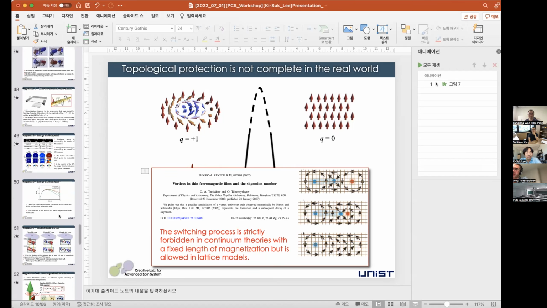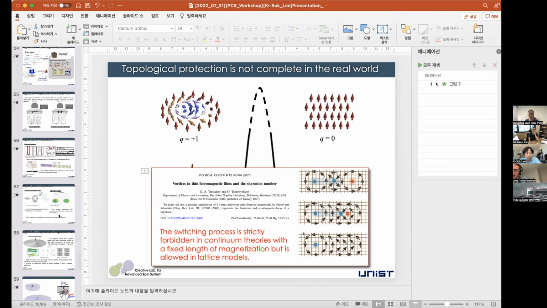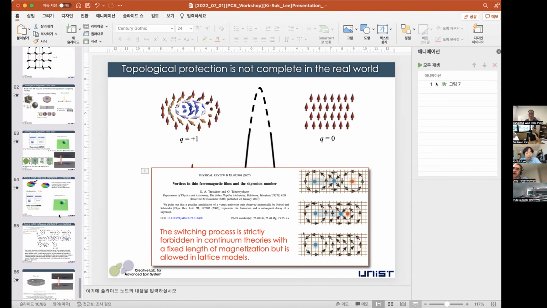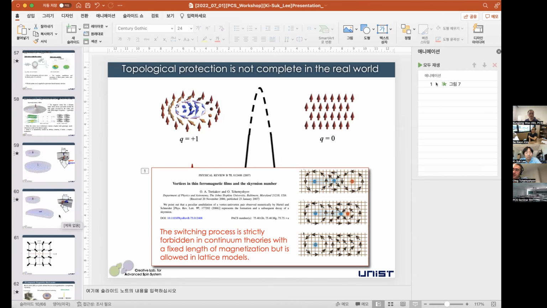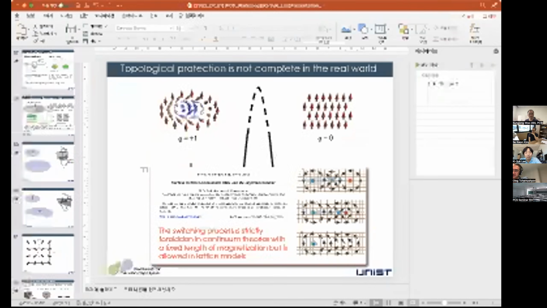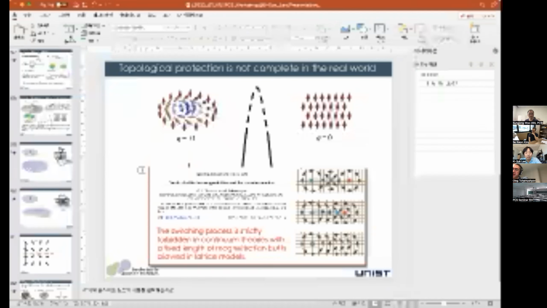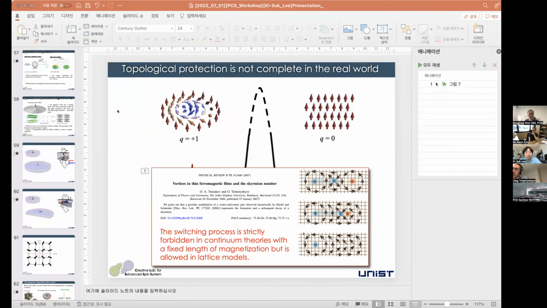This would be like a domain wall along the edge, where spins rotate through 180 degrees, switching from clockwise to anti-clockwise along the edge. These are called half vortices. They are not true topological defects in the sense that the magnetization there changes gradually. You go from clockwise to anti-clockwise over some length scale, but there is no singularity there.